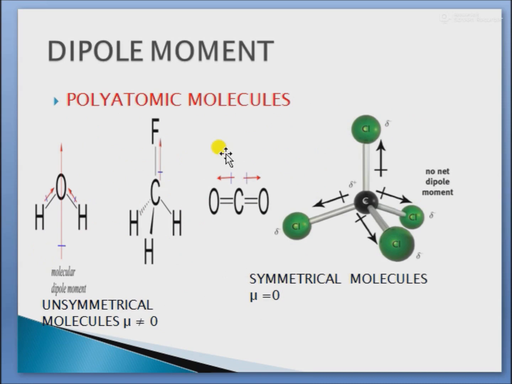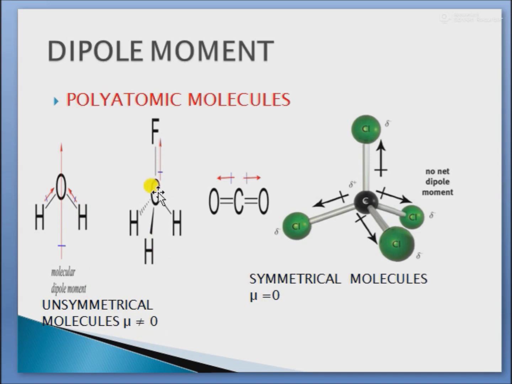Next is for polyatomic molecules. Here the molecules are of two types, symmetrical and unsymmetrical molecules. In case of unsymmetrical molecules, like in case of water, oxygen is more electronegative than hydrogen and it pulls the electrons of hydrogen towards it, and this arrow shows the dipole moment of the hydrogen, which is in the direction of oxygen, and the net dipole moment is the sum of the dipole moments of hydrogen, which is not equal to 0.